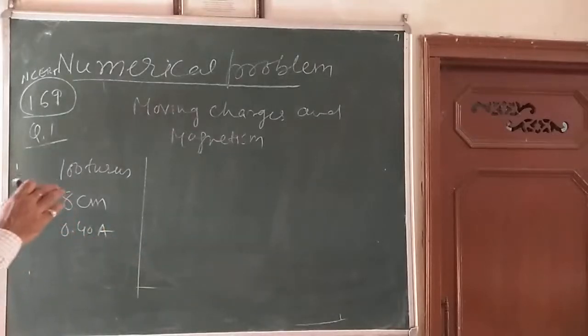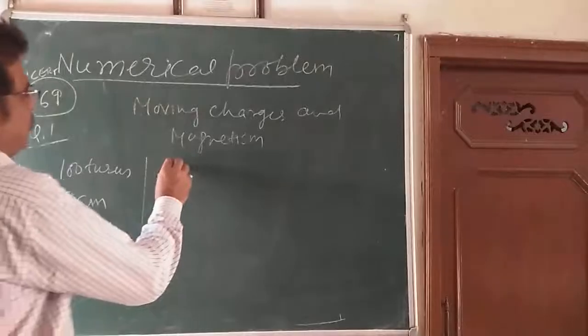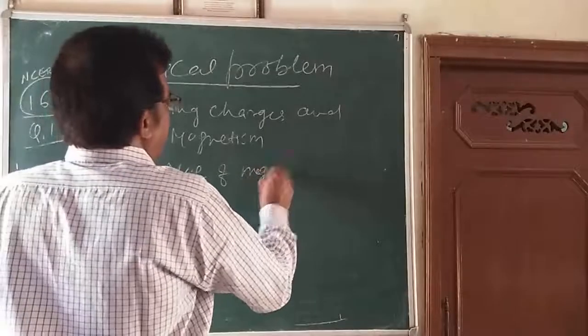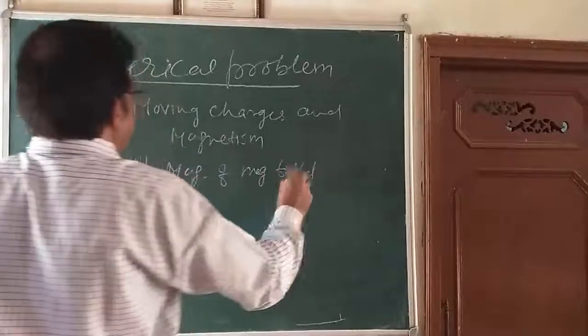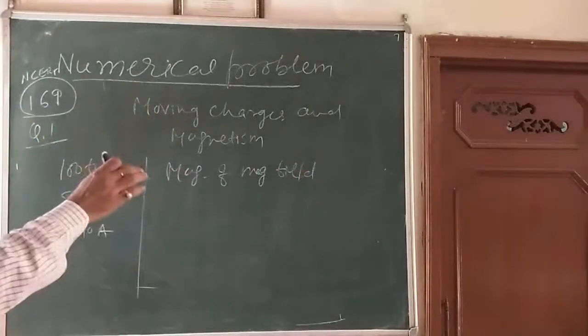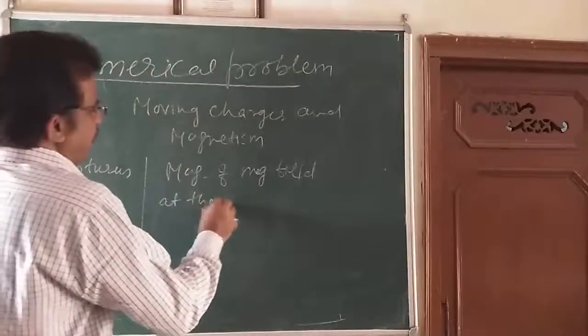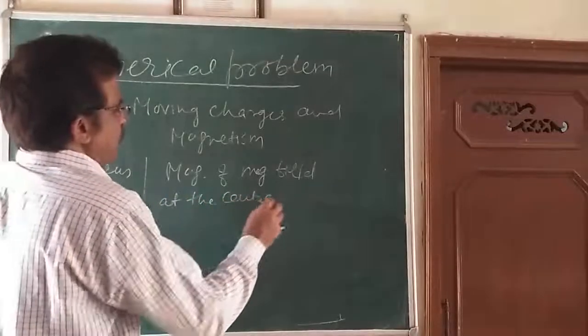Then it asks what is the magnitude of the magnetic field at the center of the coil. This is our question number 1.